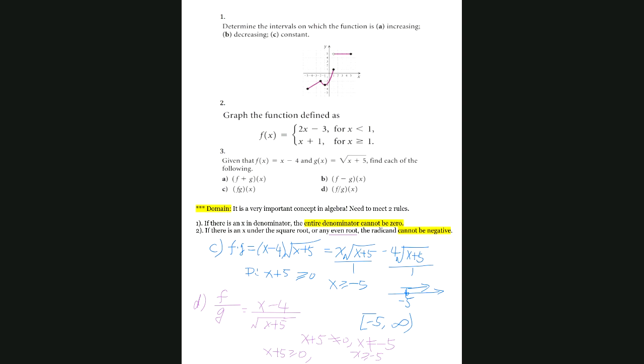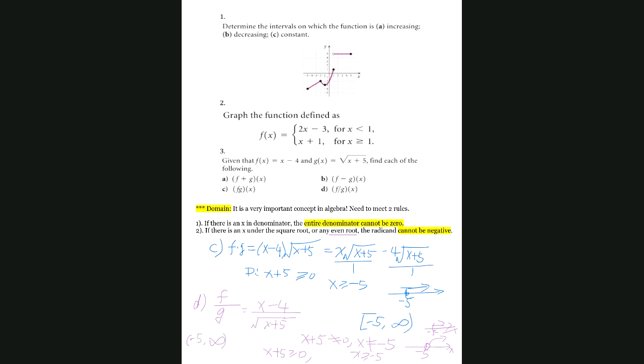That means I cannot include negative 5 in here. So this must be an open circle going to the right, or using the parenthesis, going to the right hand side. Okay, so what's the interval for this one? The domain for this one will be negative 5, parenthesis, to infinity.